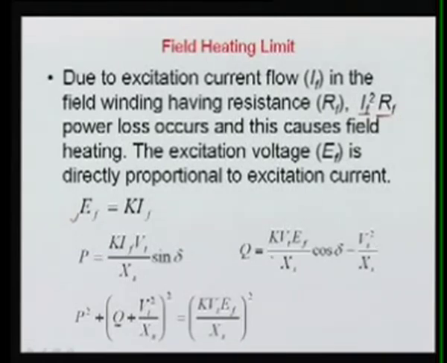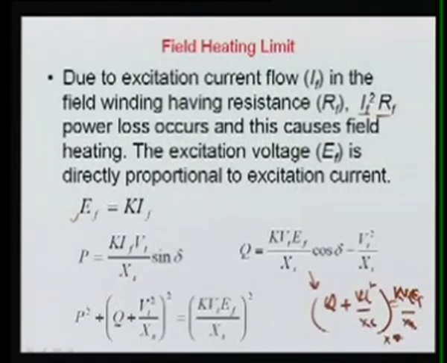Now, here we want to remove this delta, and then we will get this expression. We can write Q plus Vt squared over x, and that will be equal to K Vt If upon xs, multiplied by cos delta.